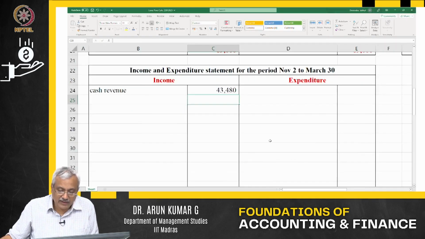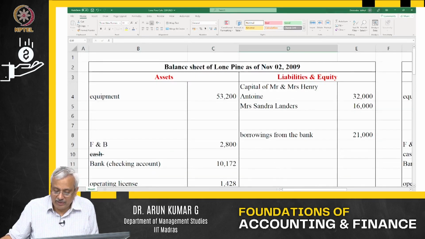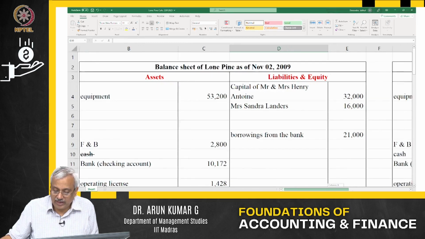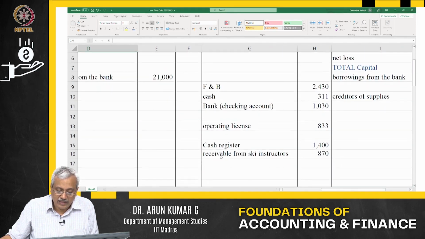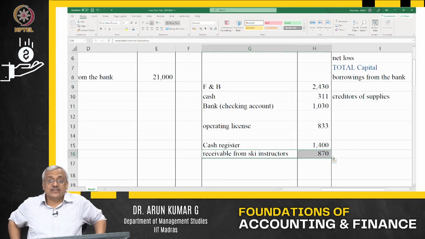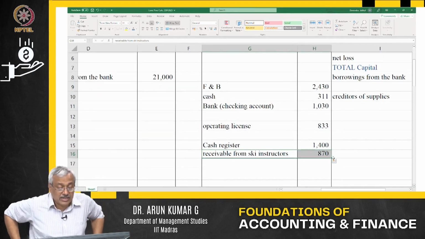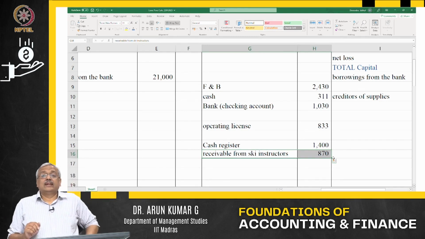All I have to do is go to the closing balance sheet of the cafe, and then I see receivables from ski instructors $870. This is the income statement from November 2nd to March 30th.